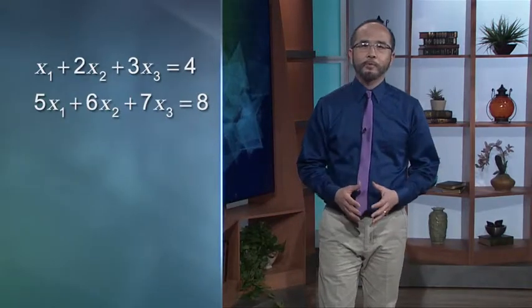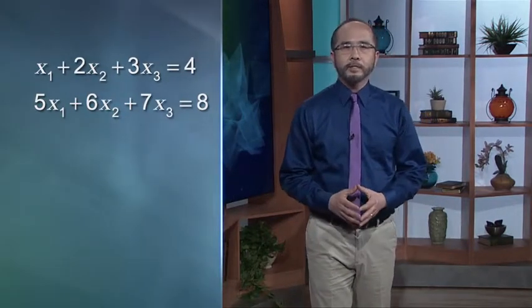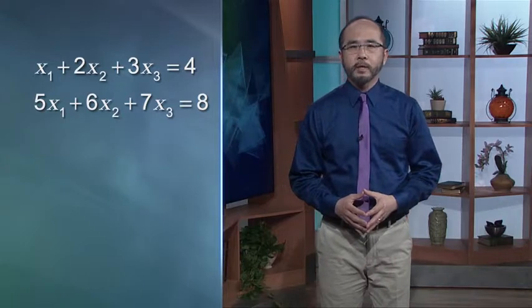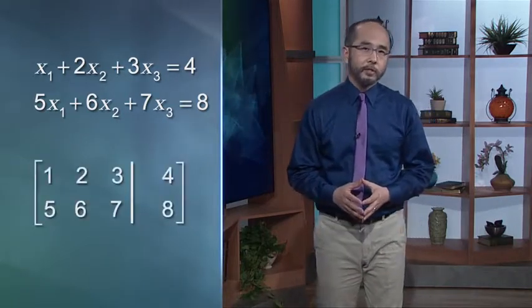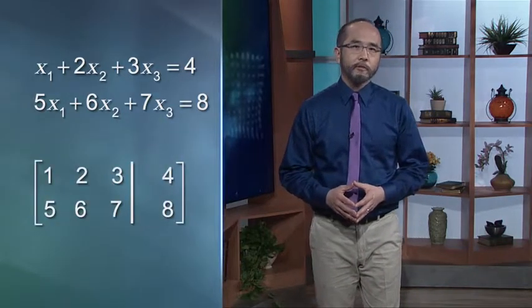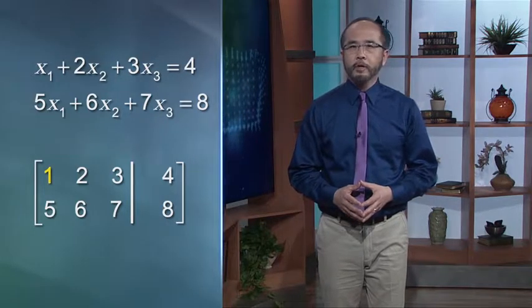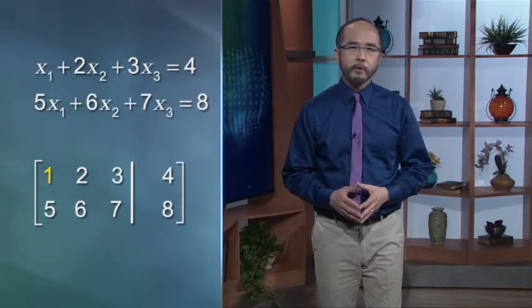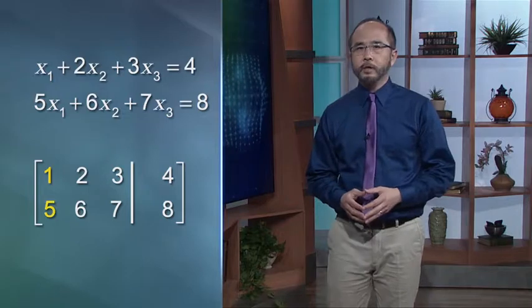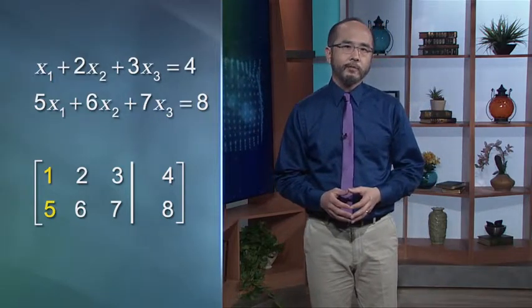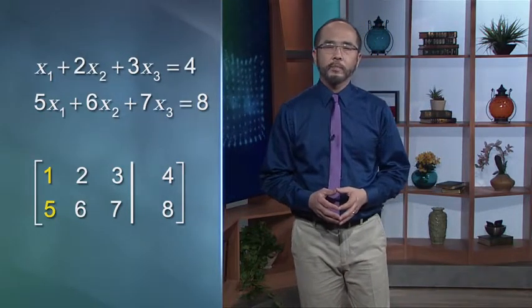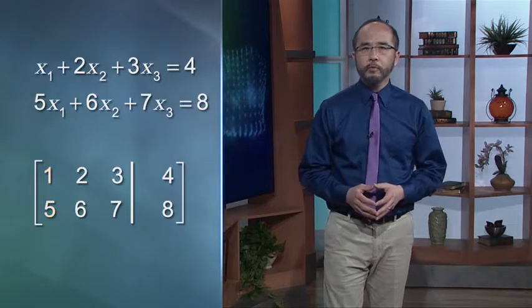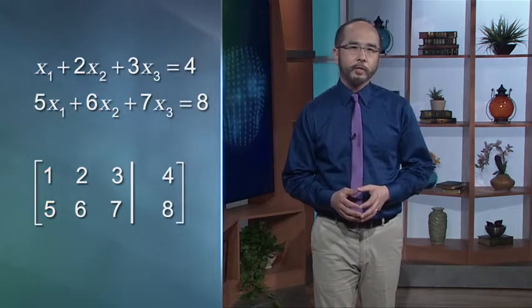Let's do an example. Consider the following system of equations. This has this augmented matrix. Looking at the first column, there is already a 1 in the first row. So we focus on changing the 5 in the bottom left corner to a 0. From row 2, we can subtract 5 times row 1.